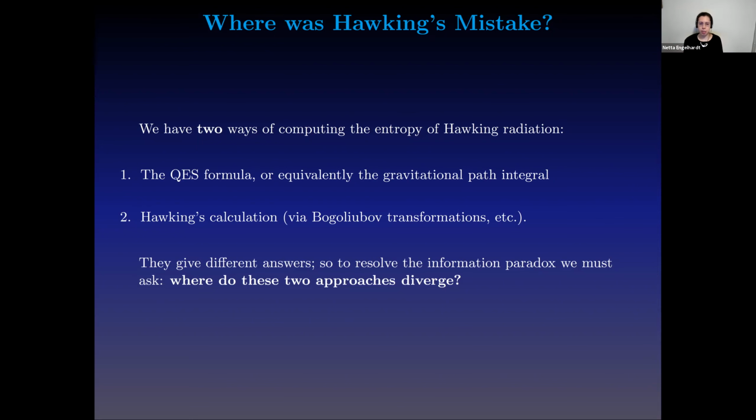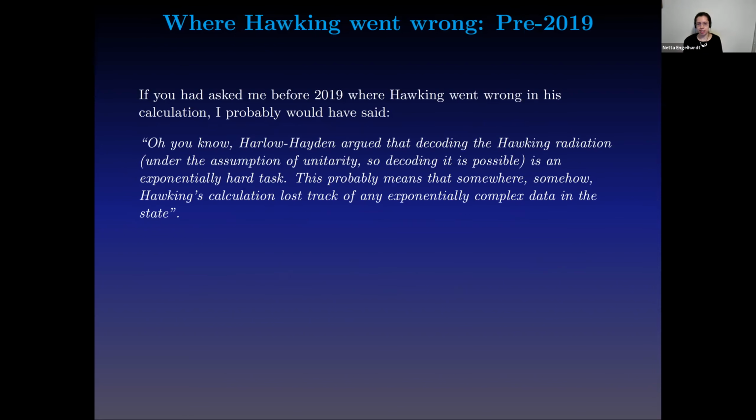Now, if you'd asked me before 2019 where Hawking went wrong in this calculation, my answer would probably have gone something along the lines of: Harlow-Hayden argued that decoding the Hawking radiation, assuming unitarity so that decoding is possible, is an exponentially difficult task, exponentially complex.